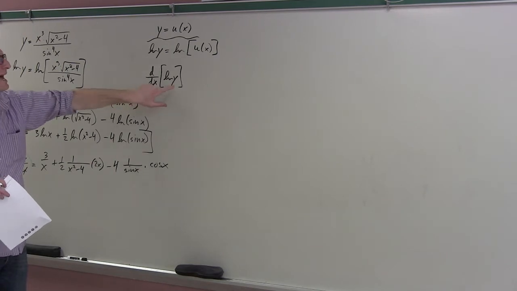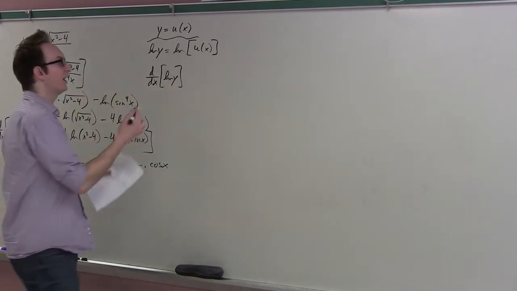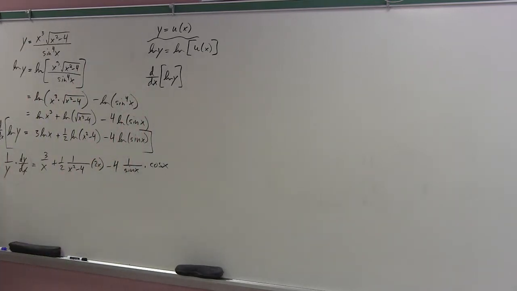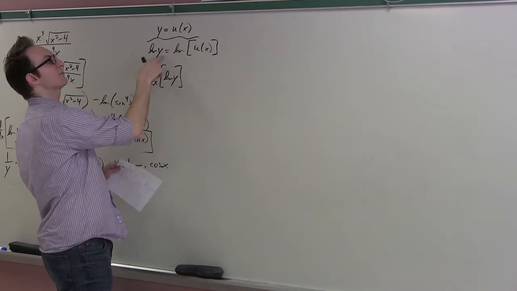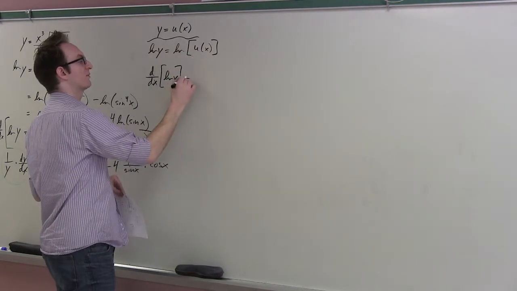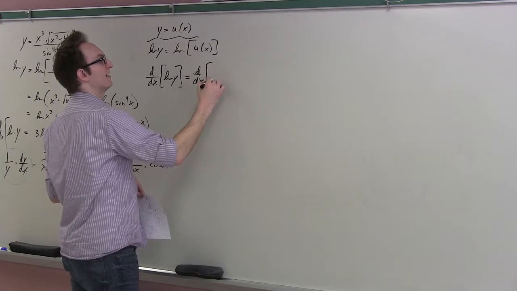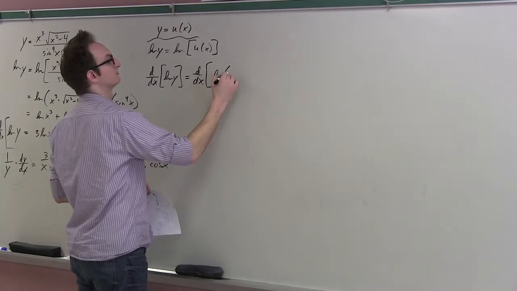How does ln y respond to a small change in x? Well, if this explanation doesn't bother you at all, then great. But if you're feeling a little uneasy about this, of course, since ln y is just ln of u of x, you could rewrite this as the derivative of ln of u of x.